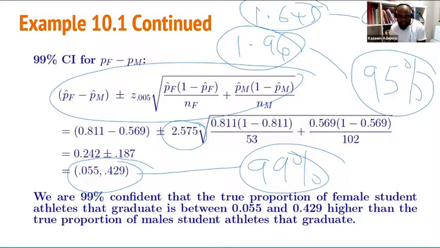Why do we have that? The more confidence you have, the wider the interval will be. Just like what somebody told me the other time, for 99.999, which is 100%.